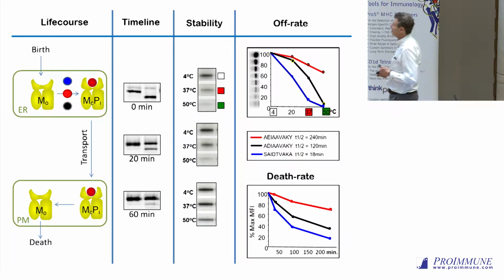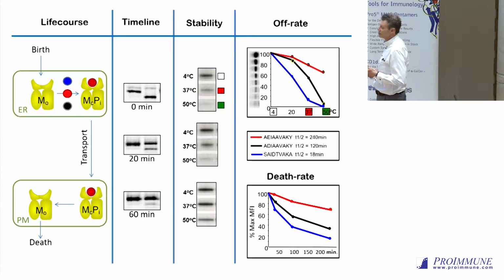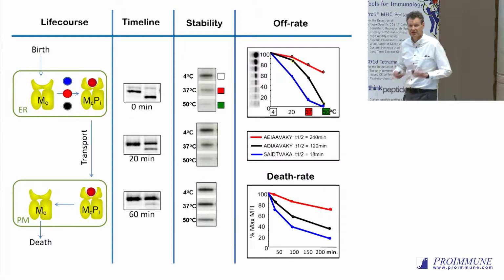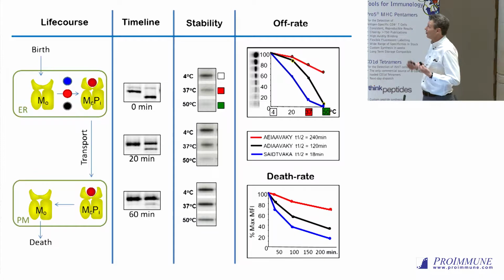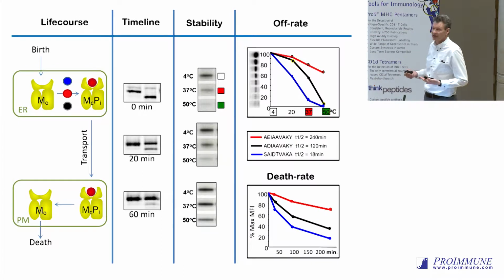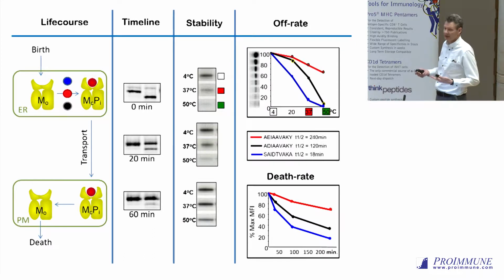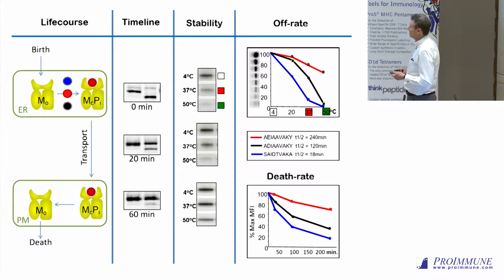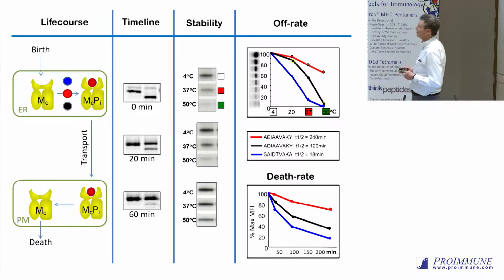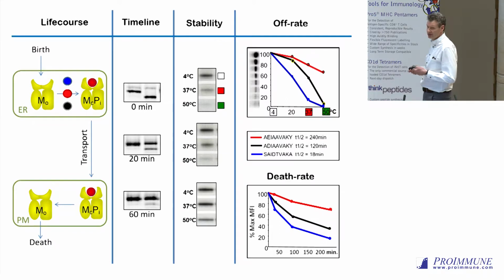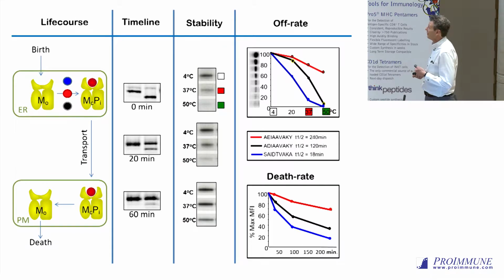You can also measure the acquisition of thermostability. So this is the relative affinity of the total peptide cargo that's been loaded onto MHC class 1 molecules. And so the surrogate we use there is thermostability. So soon after they're synthesized, they're loaded up with peptides, but they are of an average low affinity.